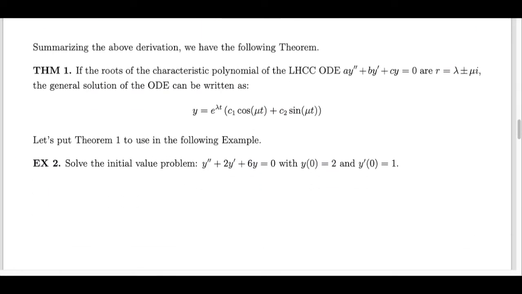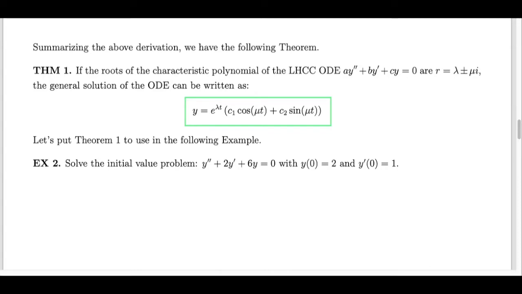Here in Theorem 1, I summarize the result of the calculations that we just did. It states that if the roots of the characteristic polynomial of our LHCC differential equation are r equals lambda plus or minus mu i, so the condition here is that we have complex roots of our characteristic polynomial, then the general solution can be written in this form.